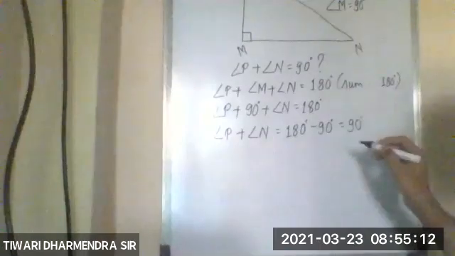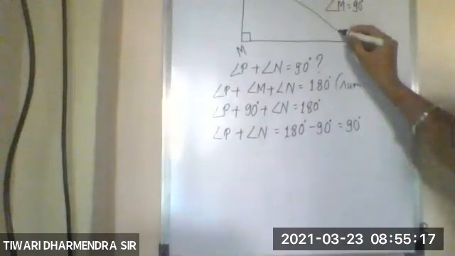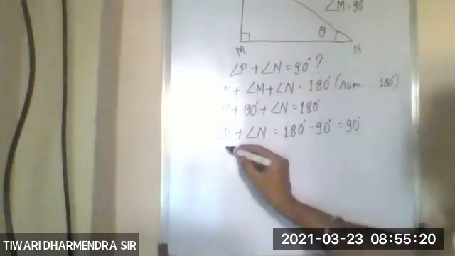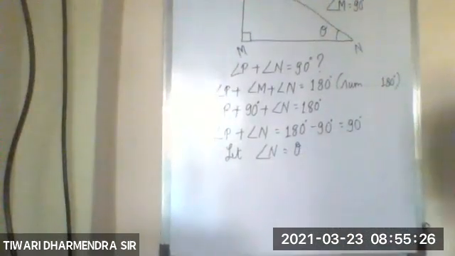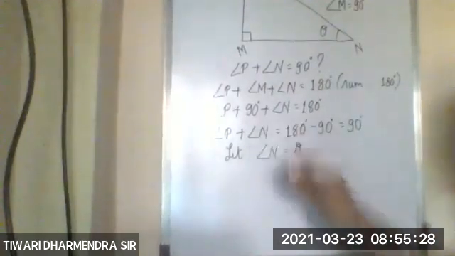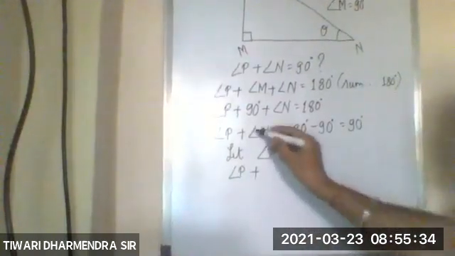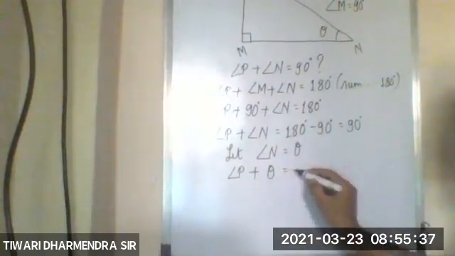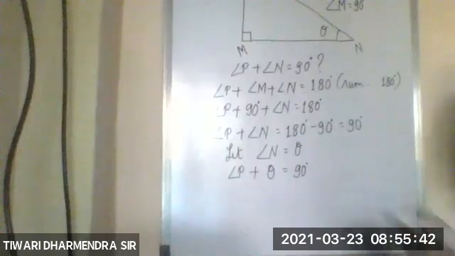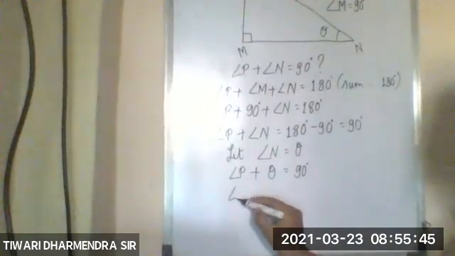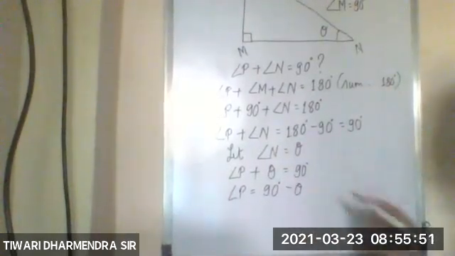After getting a complementary angle, let us assume angle N is equal to theta. So what will be the value of angle P from here? Angle P plus theta, since I have assumed angle N to be theta, is equal to 90-degree. Hope this step is clear. So angle P is equal to 90 minus theta.